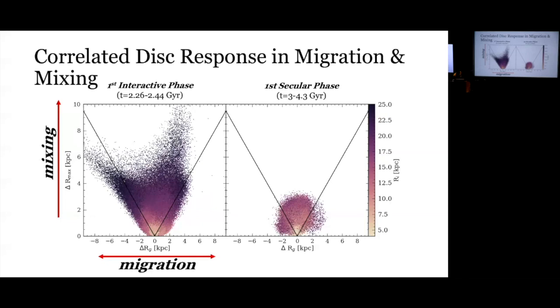That was originally what was referred to as radial migration. Since then, the term has been added on quite a bit to apply to any change in angular momentum, or even, for the most radical people, any change in radius.